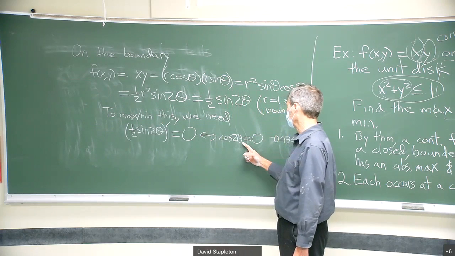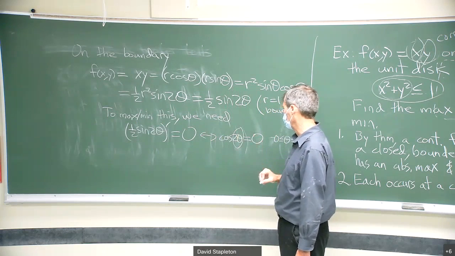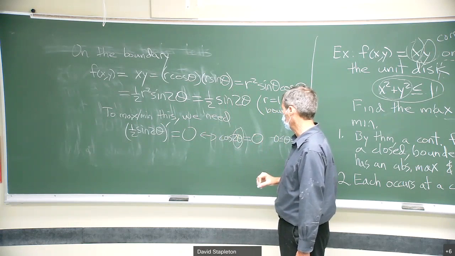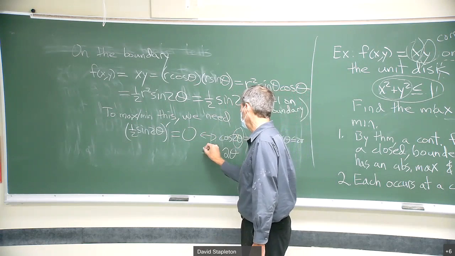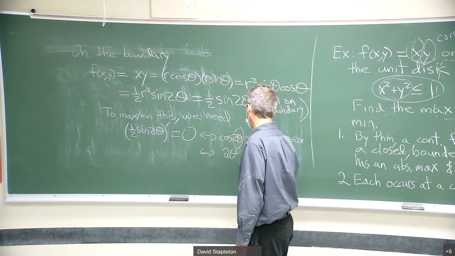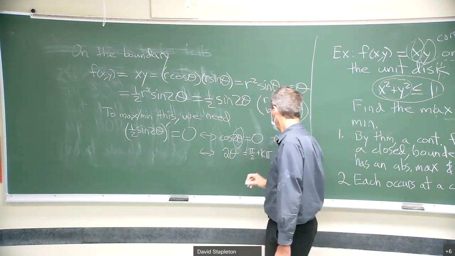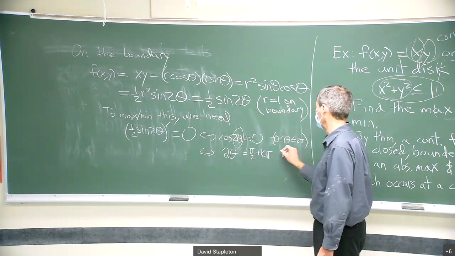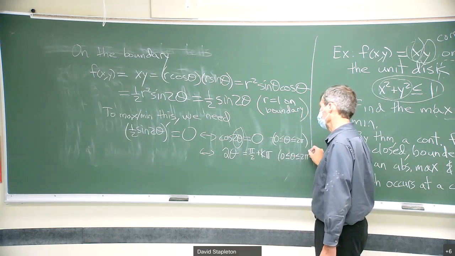And we find that this is equal to 0 when its argument is pi over 2 plus a multiple of pi, right? So we need 2 theta equal to pi over 2 plus any integer multiple of pi. But within this restriction, theta has to be between 0 and 2 pi. That's it.